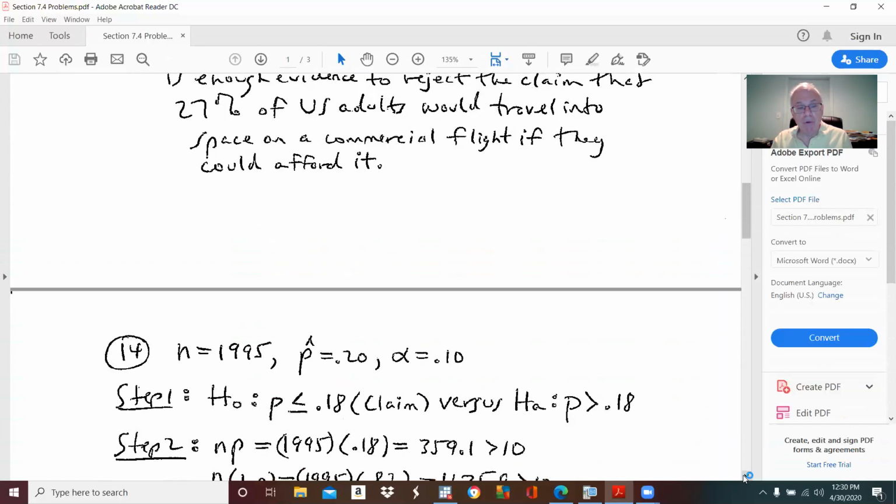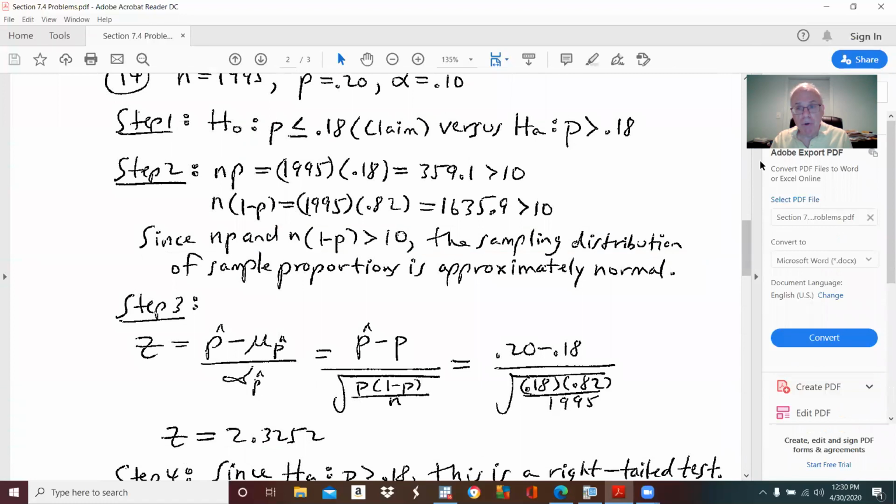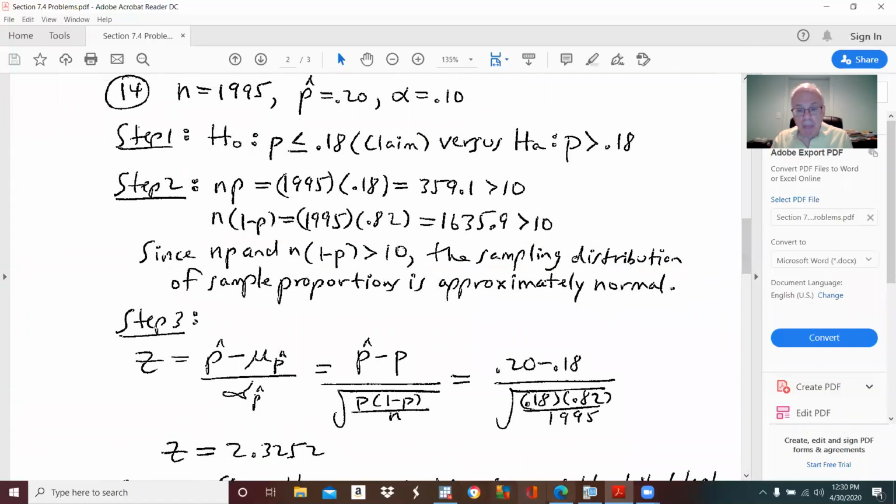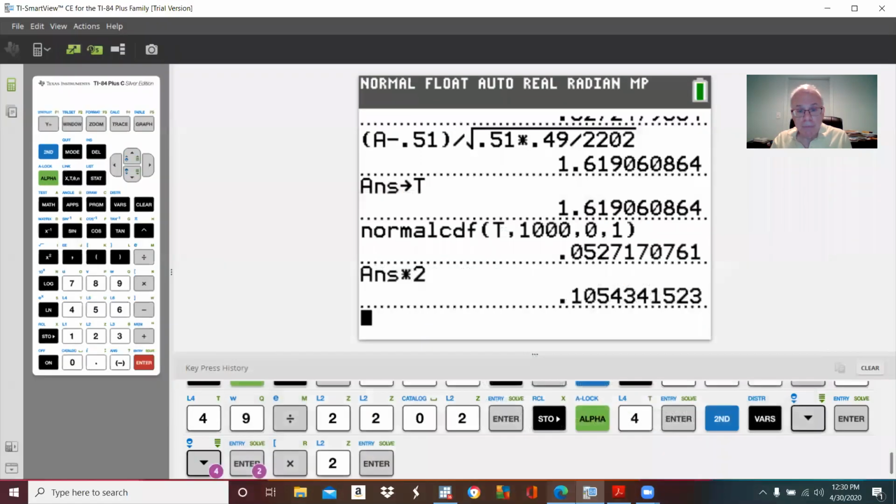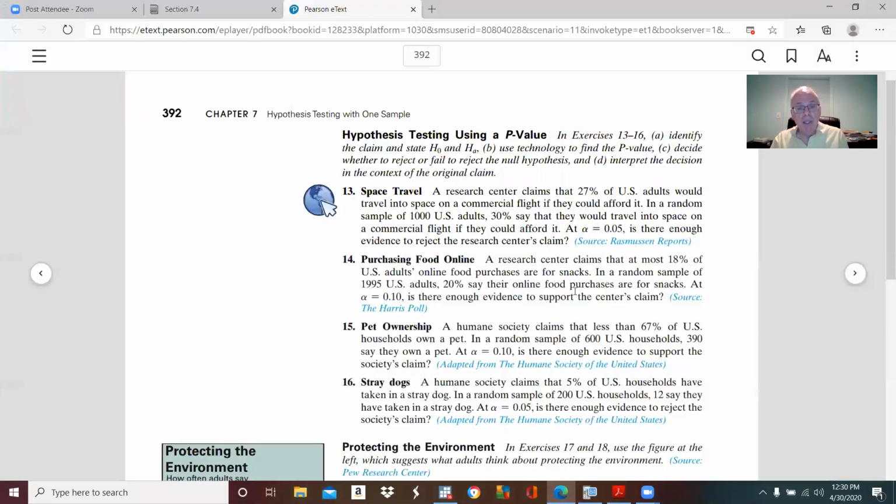All right, so now let's go to number 14. Let's go and read it. Number 14: a research center claims that at most, 18% of US adults' online food purchases are for snacks. Now, when we use the term at most, what does that mean? That means less than or equal to.